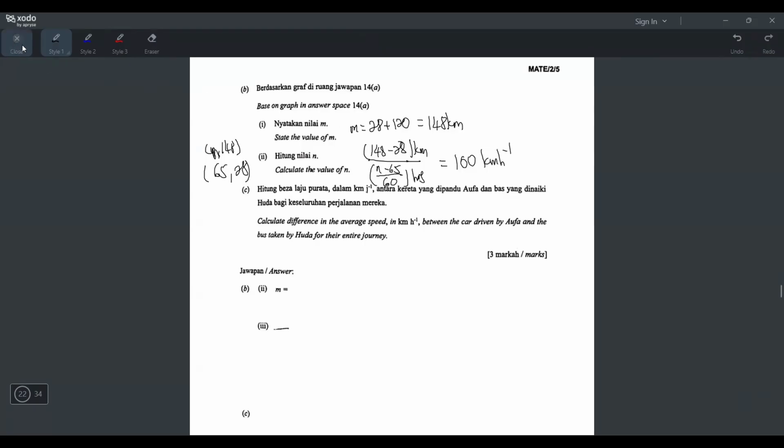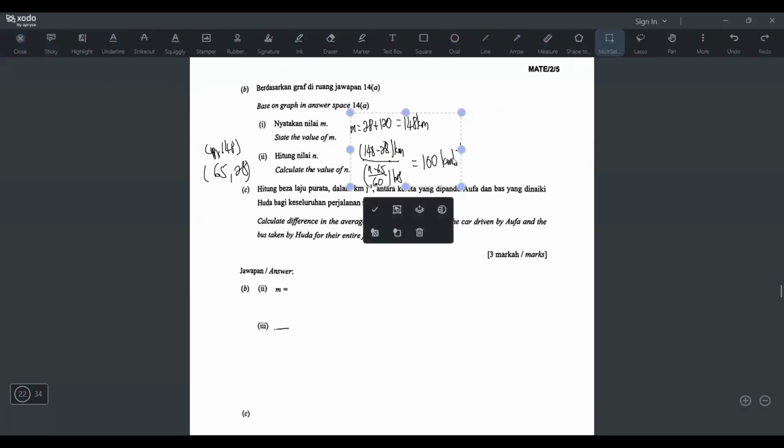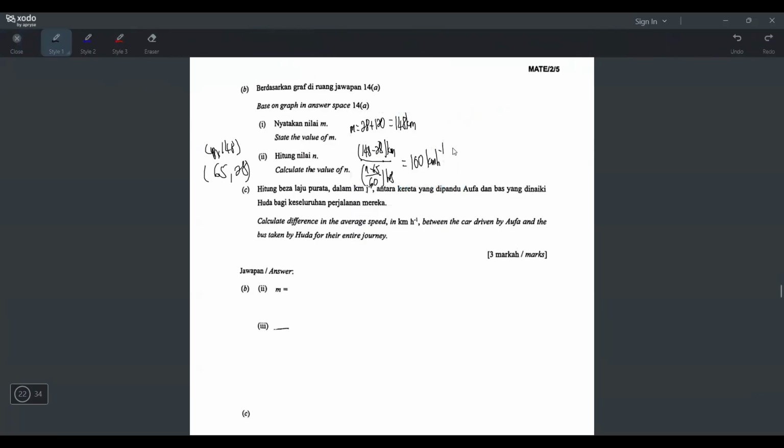Now we can continue. I need more space, so I'll make this smaller. I write 148 minus 28 is 120, and then equals 100 times (n minus 65) over 60.